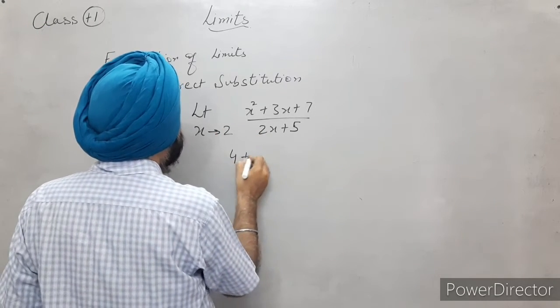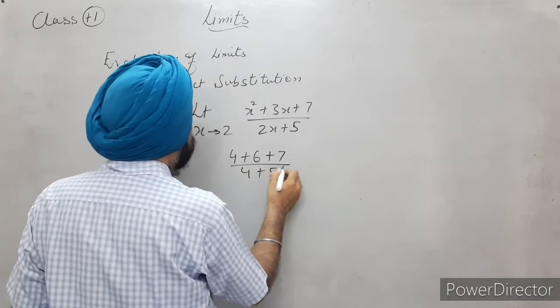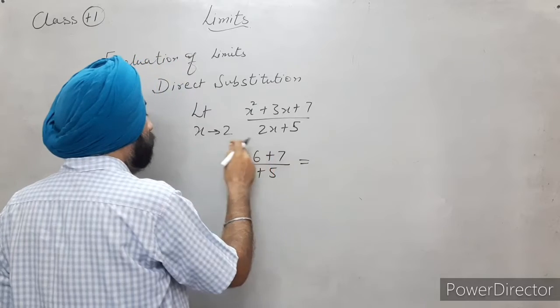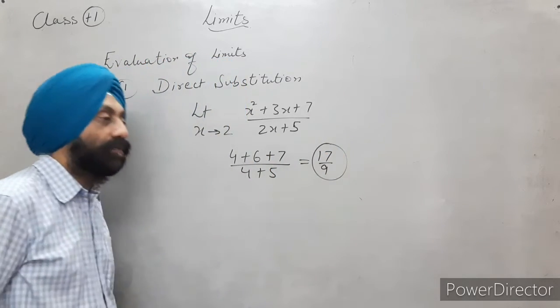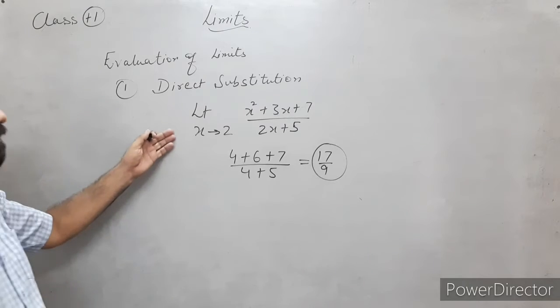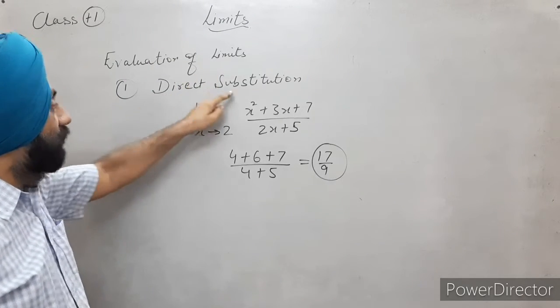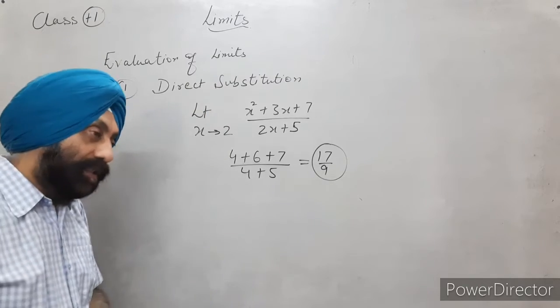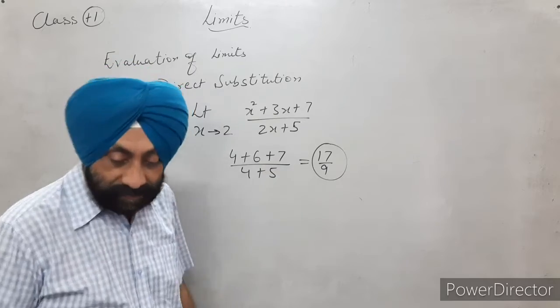That is 4 + 6 + 7 over 4 + 5, which is 17 upon 9. It's a very simple method employed for evaluation of limits. It is called the direct substitution method, in which the value of x is directly substituted to find the limit.